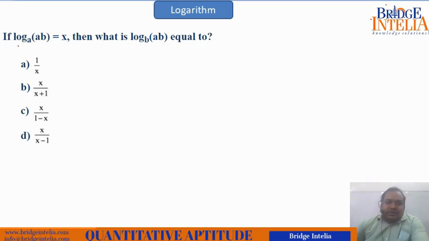If log AB to the base A is equal to X, then what is log AB to the base B equal to? So let's concentrate on what is given to us.